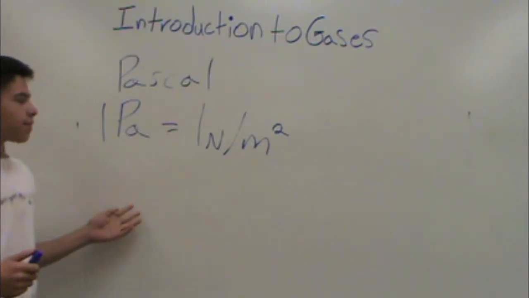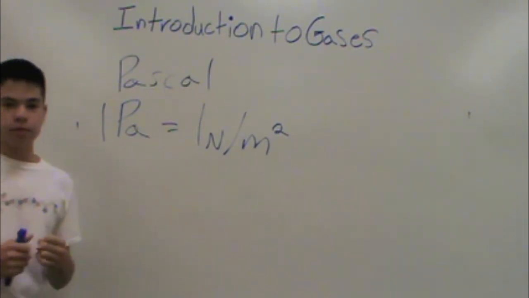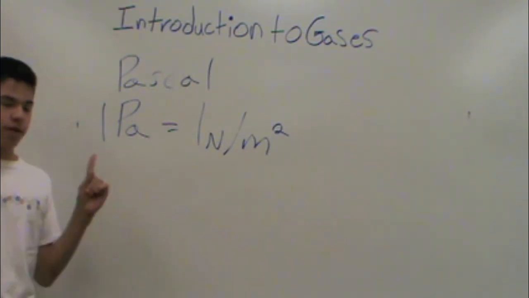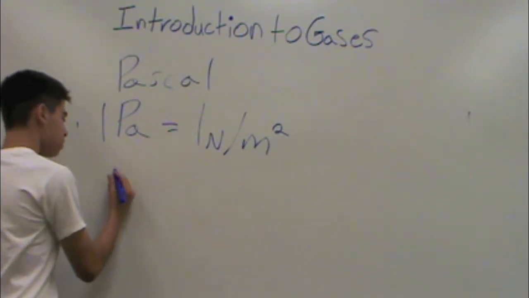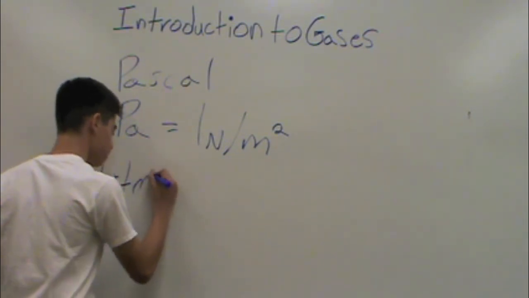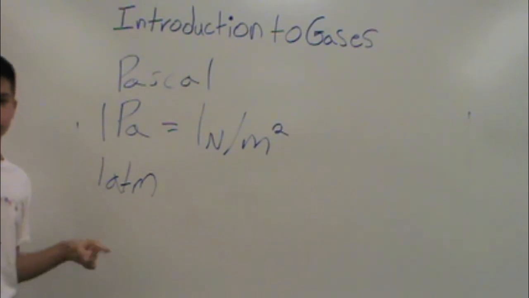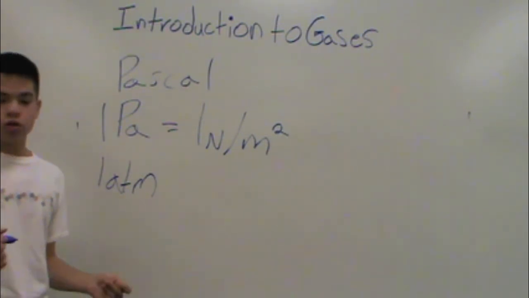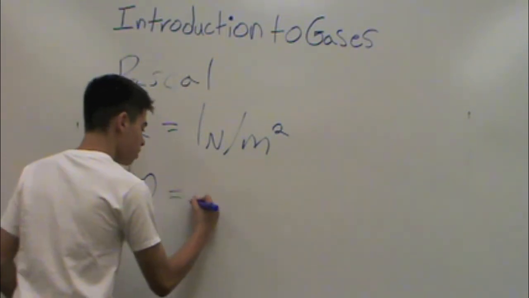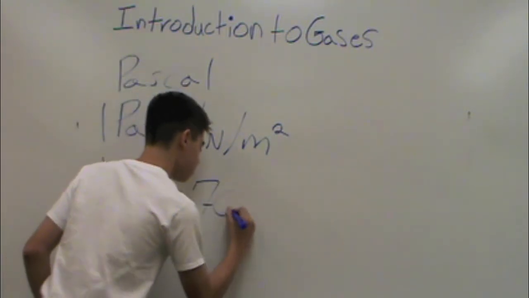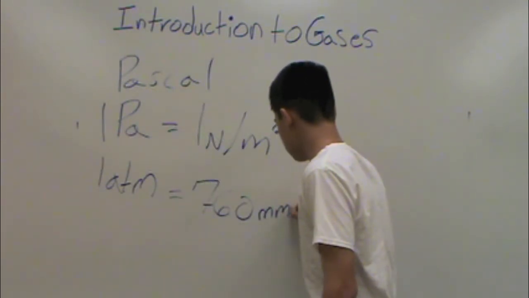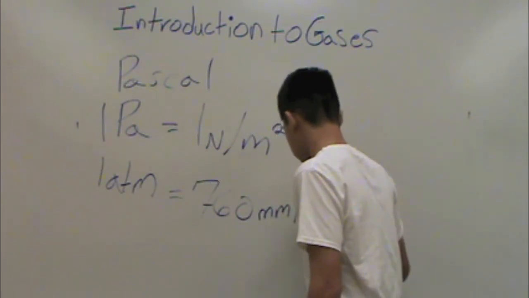But a lot of the times we work in atm. So atm is 1 atmosphere. And 1 atmosphere is the pressure that it takes to hold up a column of 760 millimeters of mercury.